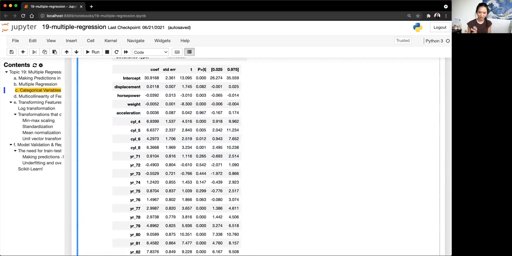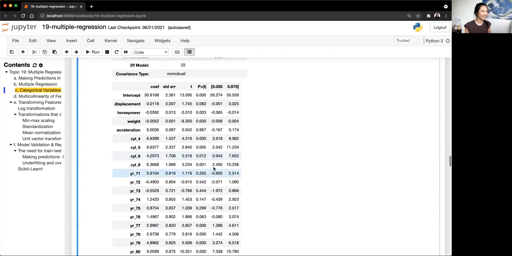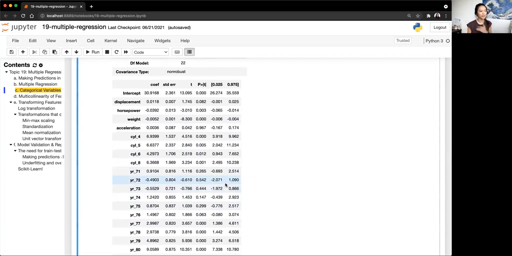Every time you refit your model on a different set of features, the coefficients change and the p-values are going to change, because it's going to see that, in comparison, this feature is not useful at all in helping us predict miles per gallon. As a result, you'll see a lot of the p-values change, which is why I say it's very iterative. Let's say I decide to drop every p-value above 0.05.